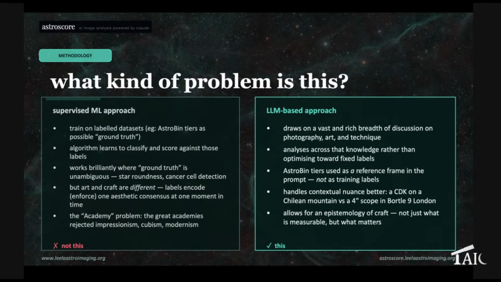What I liked about this other approach of using LLMs was that it allowed for using as input a much wider, deeper, broader set of data on photography, art, other images, techniques, and the LLMs analyze across that, rather than trying to optimize for a fixed label.